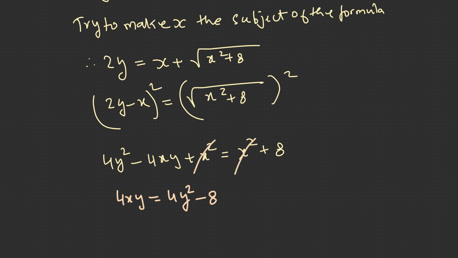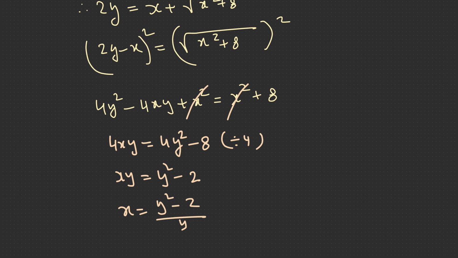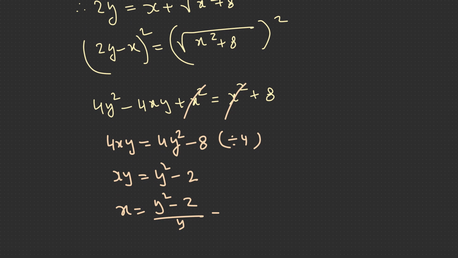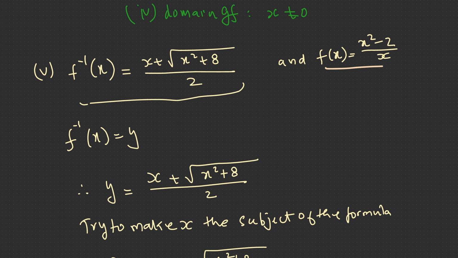If we divide by 4, xy is equal to y squared minus 2. So you see we get x is (y squared minus 2) over y. What is this? That is equal to f of y. If f(x) is this, then f of y is (y squared minus 2) over y.